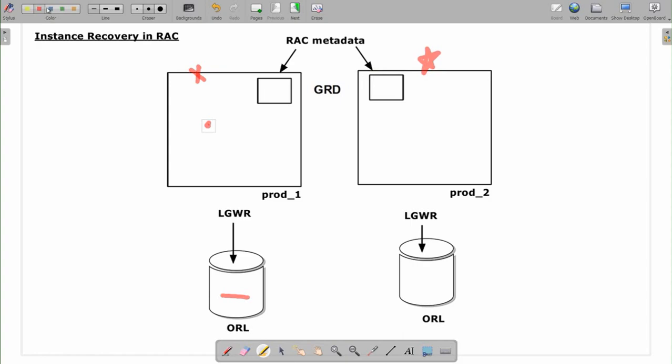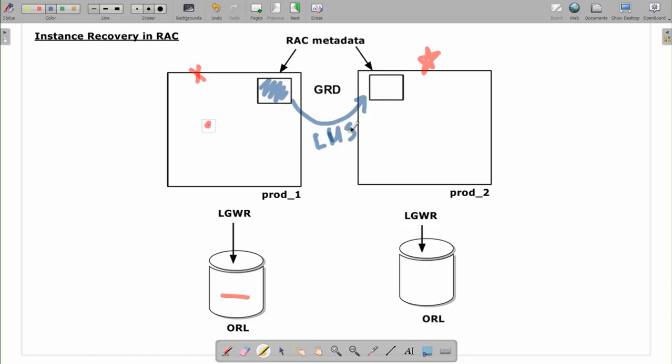For example, in this case, we have this much RAC metadata, and this information must be repopulated and copied over to another instance. That's internally processed. So this will be done by the LMS process. Okay, that's by the LMS process.